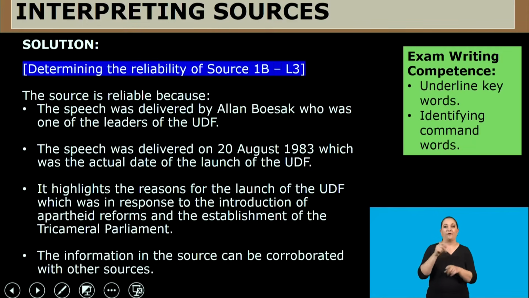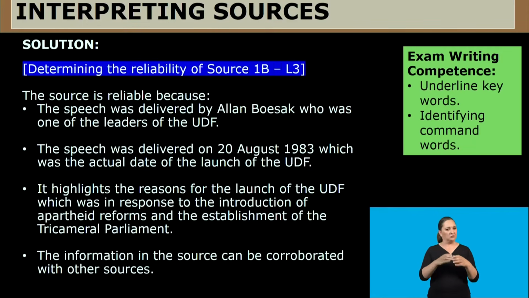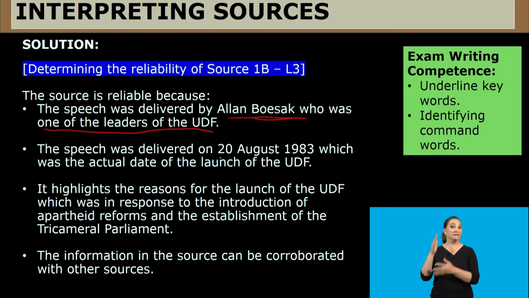Now, possible responses there. The source is reliable because it was delivered by Dr. Allan Boesak. The caption tells you. Okay, and he was one of the leaders of the UDF. The speech was delivered on the 20th of August 1983, which was the actual date of the launch of the UDF.